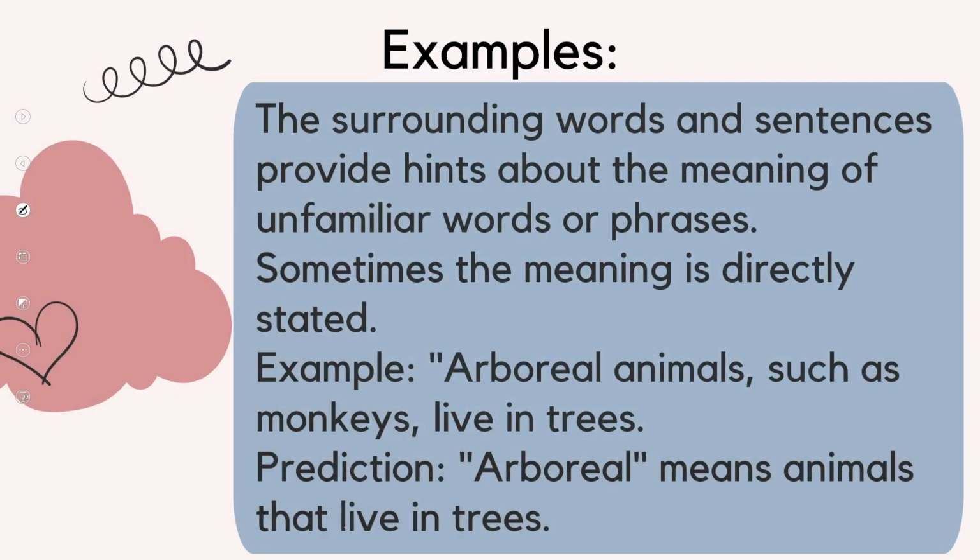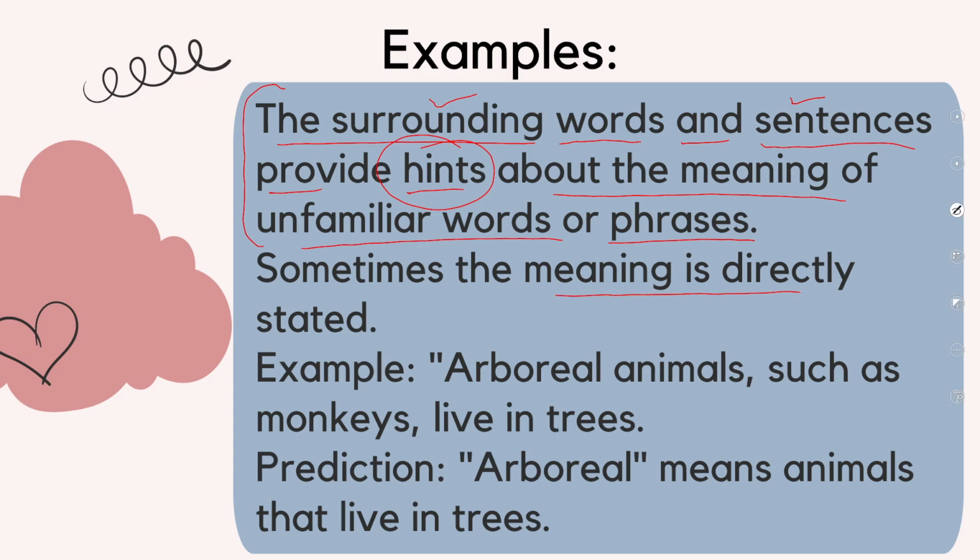Let's look at some examples over here. The surrounding words and sentences provide hints about the meaning of unfamiliar words or phrases. So, the context is very important over here, because we are saying that surrounding words and sentences provide hints. Sometimes the meaning is directly stated, and sometimes you have to look for it. For example, arboreal animals such as monkeys live in trees.